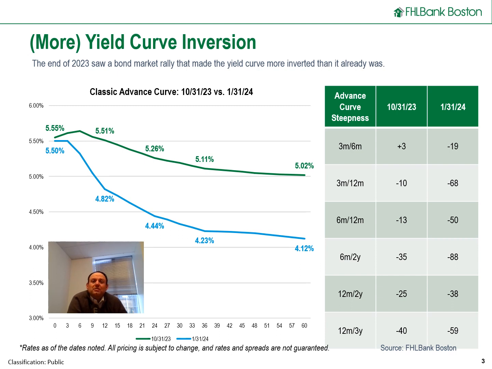When we look at the steepness of the yield curve, the relationship between a short point and a longer point, that spread has decreased considerably in the various different combinations. Whether it was already inverted, it got more inverted, and we'll get into in a few moments some of the implications of what that inverted curve is telling us.